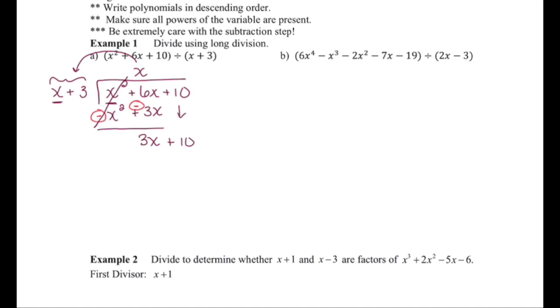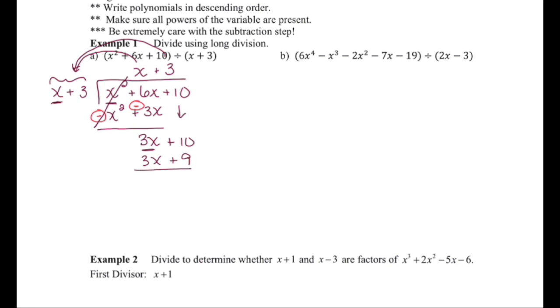And then I start again. What can I multiply x by so that I get 3x? Well, that would be a positive 3. So I'll put positive 3 up top and then multiply by everything on the left. 3 times x is 3x, and 3 times 3 is 9.